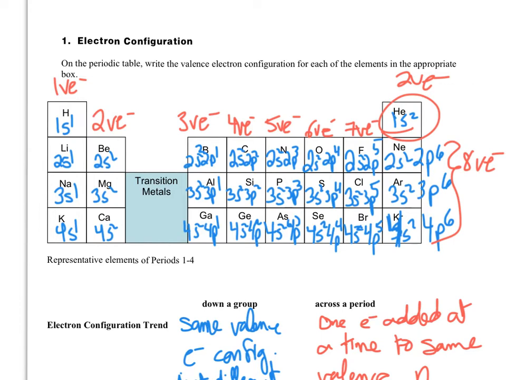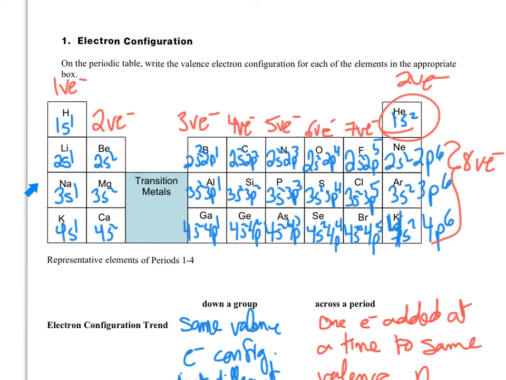Now, in order to be stable, the elements need an electron configuration similar to a noble gas. So they need to have the same electron configuration as a noble gas. Because of that, if you have 1 valence electron and you lose it, like if you're lithium, you become like helium.